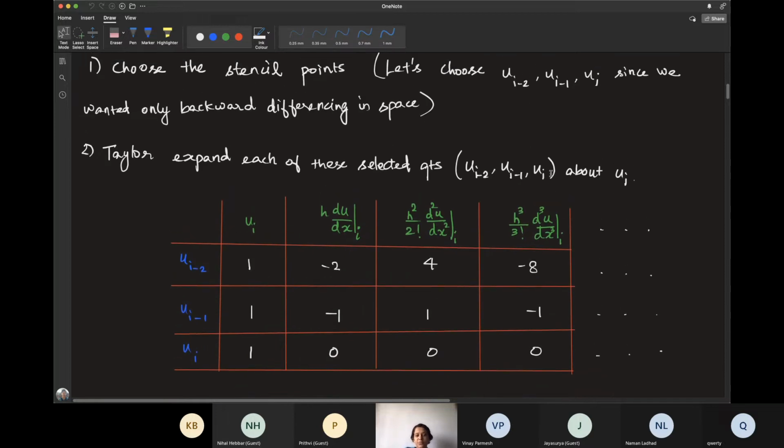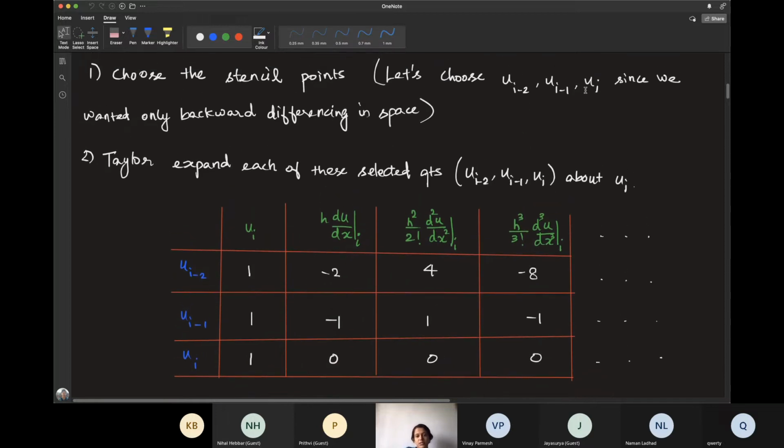Now we need to do Taylor expansion for each of these points. Let's start from the bottom. Taylor expand ui. Here I have written the terms ui minus 1 and ui minus 2, and here I have written each of the terms in the Taylor series expansion. For all of these, you will have these terms, and so on it goes.